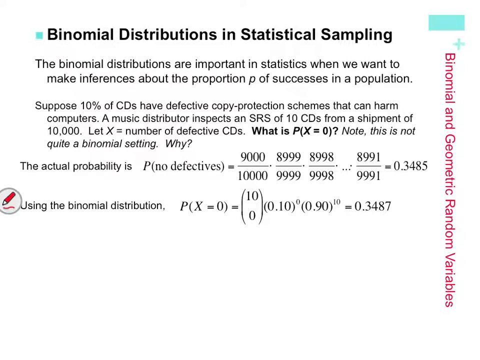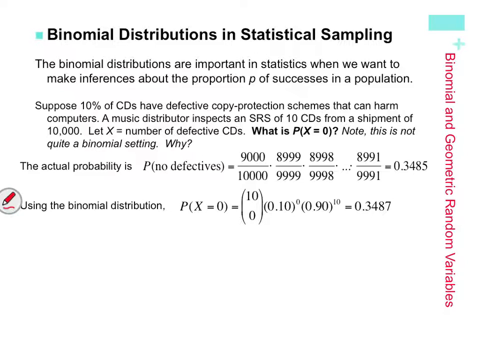When the population is much larger than the sample, a count of successes in an SRS of size n is going to be approximately binomial. Your entire shipment had 10,000, and we were just taking a very small sample, just 10. So even though it's not independent because we're not replacing, the fact that the population was 10,000 and we only took 10 means we can still use a binomial setting.